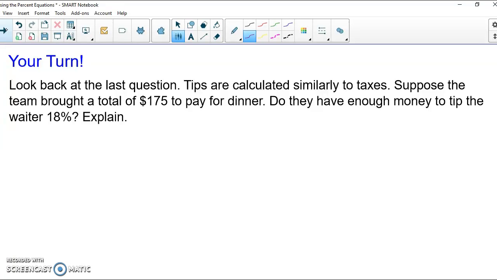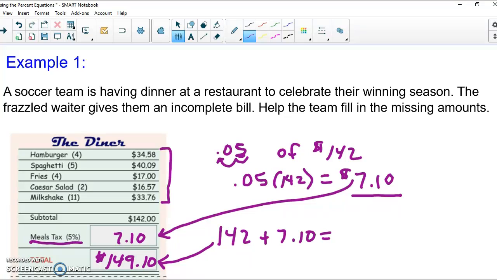So we're going to use a very similar process as we did for taxes. So let's pretend that we brought $175 with us to pay for dinner. We want to know if we have enough money to tip the waiter 18%. So let's go back and look at our total.